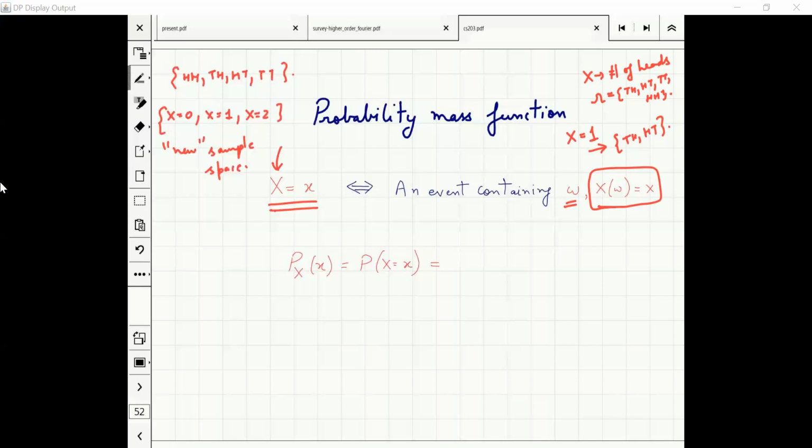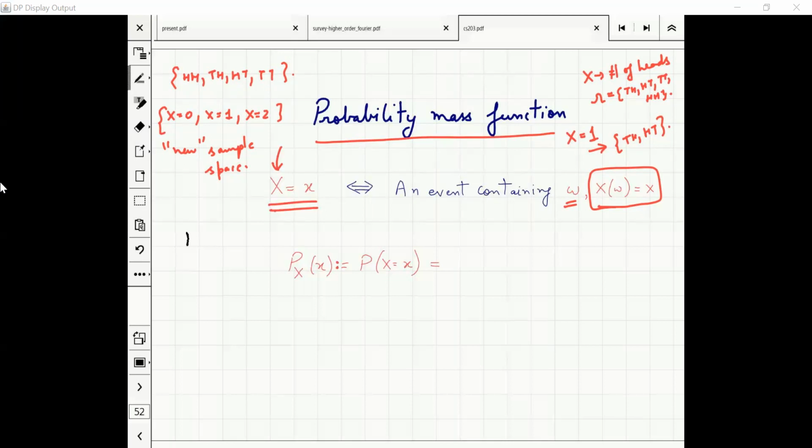This is called the probability mass function of the random variable. And what do you think it should be? What should be the formula for the probability mass function? I can sometimes write it as probability of X is equal to x. Sometimes I will just denote it by probability subscript capital X, small x. What should it be in terms of probability of omegas?